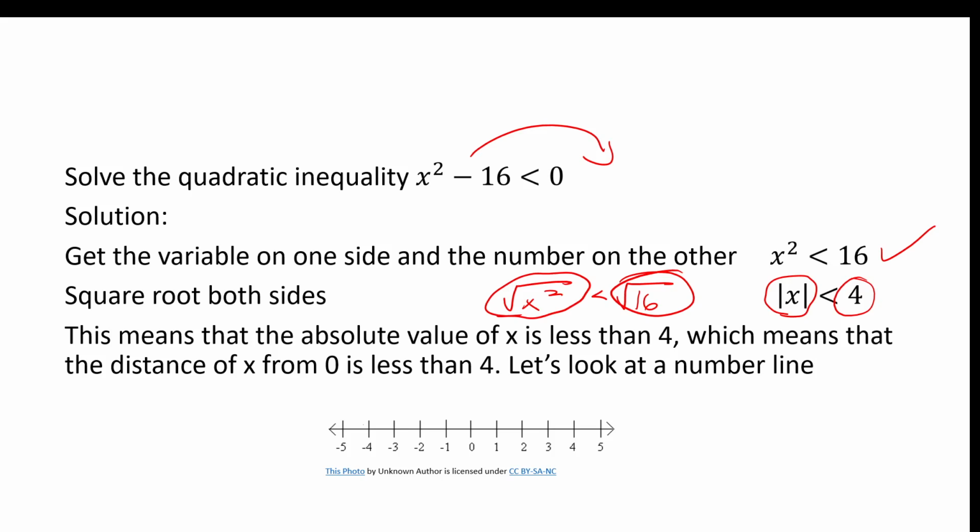Well, if I look at a number line, I see that at these two values that I'm circling here, the distance from 0 is equal to 4. So if I'm going to consider values that have a distance from 0 less than 4, I'm going to be considering all of these values that I'm shading, but I'm not going to be considering the 4 or the negative 4.